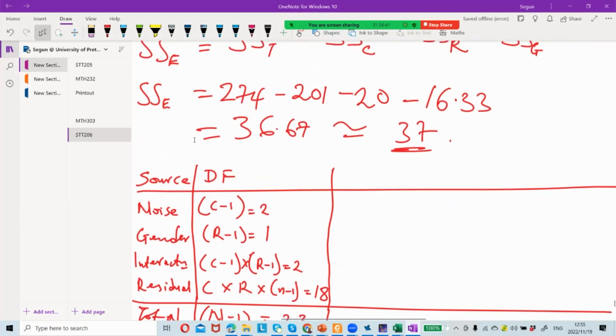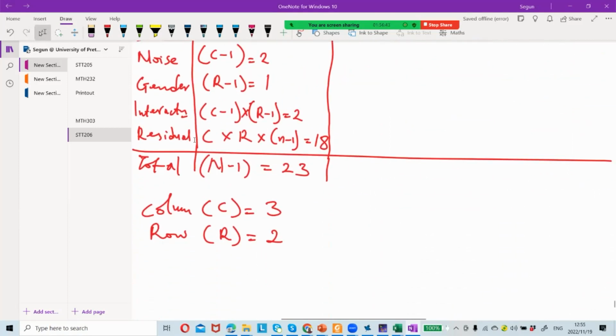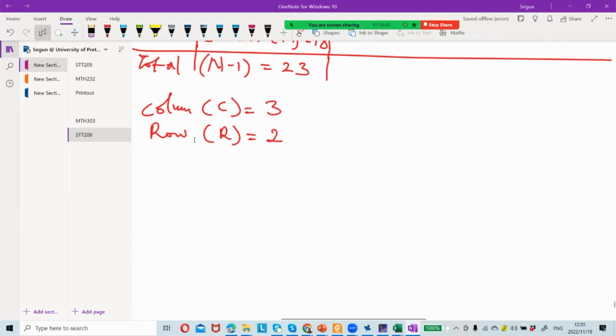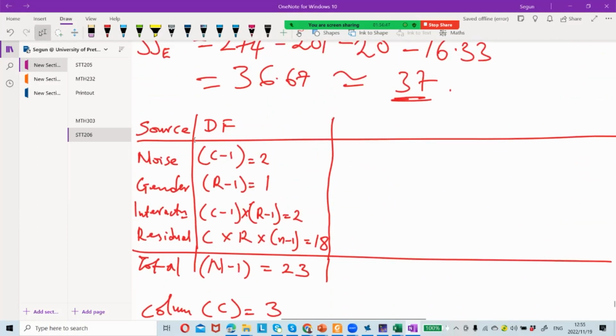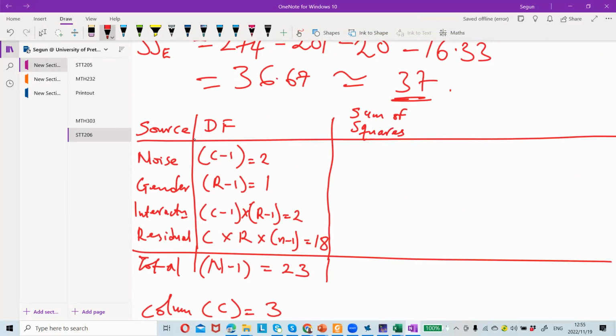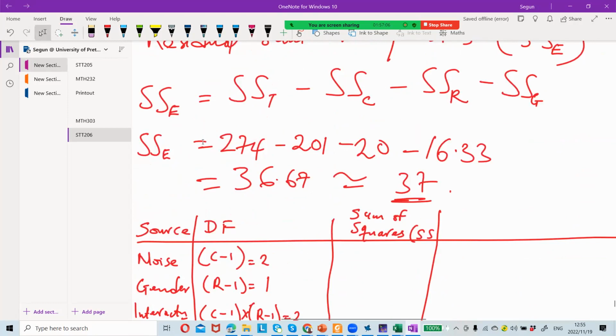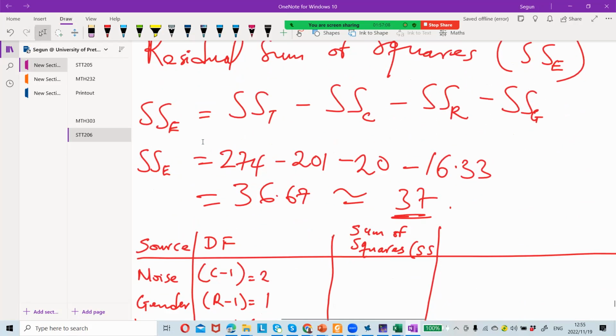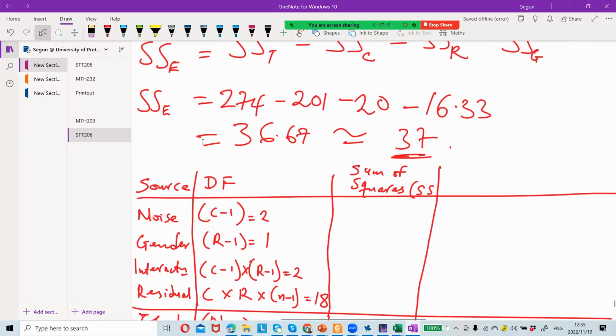So we now need to get the sum of squares. Let's write sum of squares, which is SS. So the first sum of square for column is what?